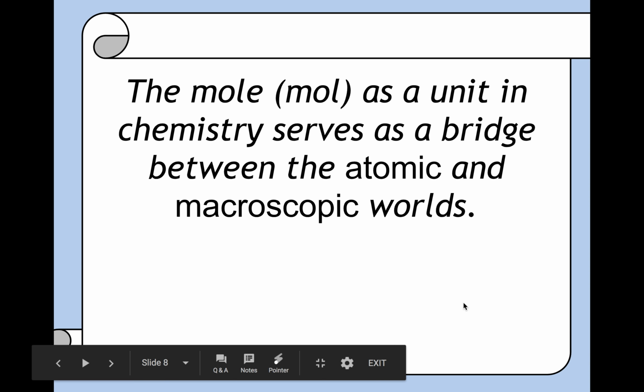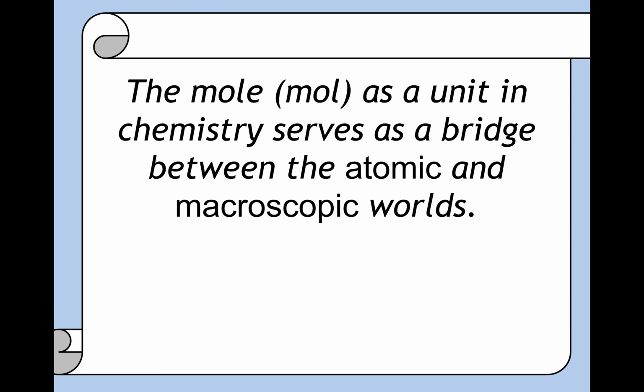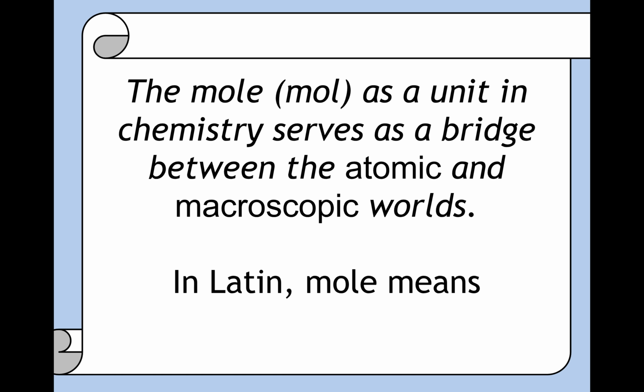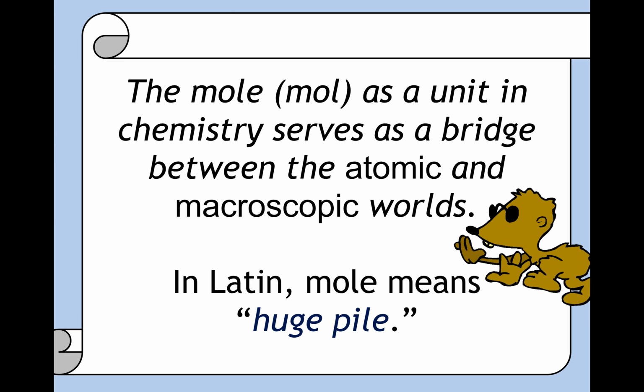The mole, which we abbreviate as mol, serves as a bridge between the atomic and macroscopic worlds. Atomic is something you can't see. Macroscopic are amounts that you could see with your eye. In Latin, mole means huge pile. And you'll see when we calculate the size of a mole, it really does mean huge pile.